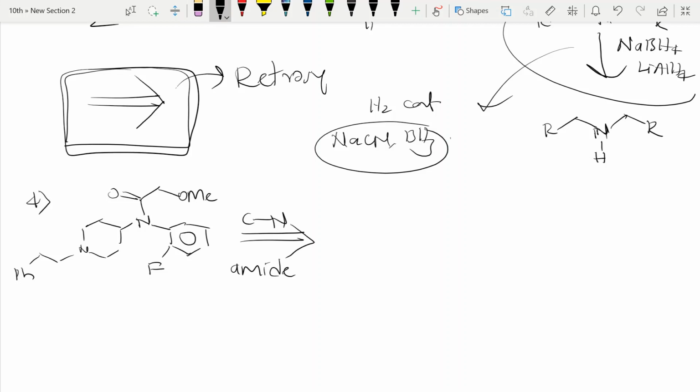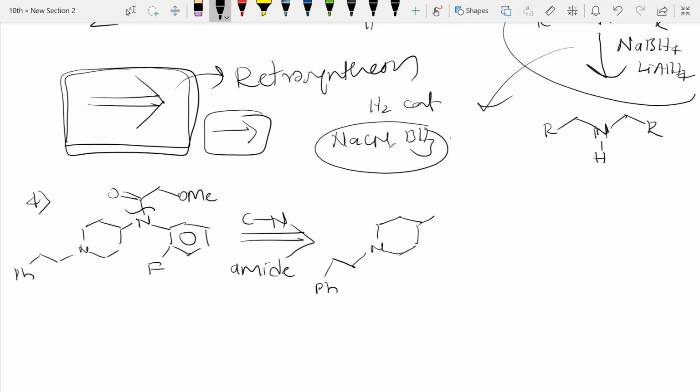Retrosynthesis, right? If I show this arrow, it is understood that I am talking about reaction. So here I am doing retrosynthesis. I am breaking this bond, so I will get this product, N with CH2Ph, and here N is there.